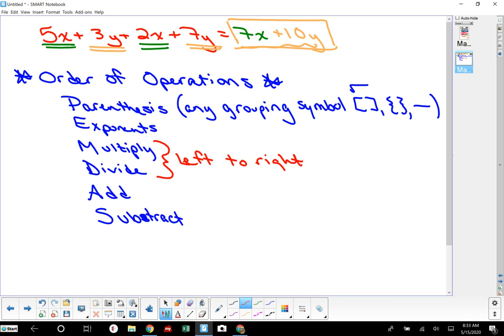So if you had something like 6 divided by 3 times 7, you do this first. 6 divided by 3 is 2, times 7 is 14. You do not multiply the 3 times 7 and get 21 and divide 6 by 21. So make sure that you know that you go left to right when you do order of operations for both multiply and divide and add and subtract.